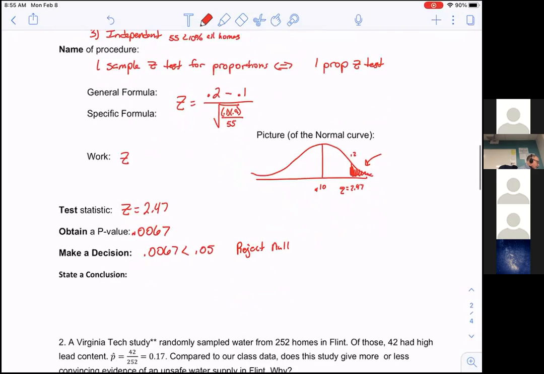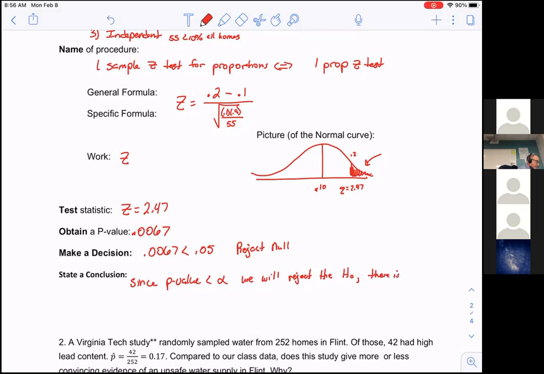And this is where our conclusion gets a little bit wordy. Since the p-value is less than alpha, we will reject the null hypothesis.